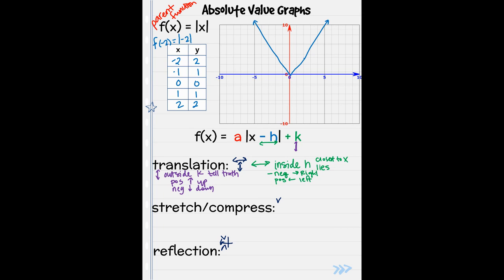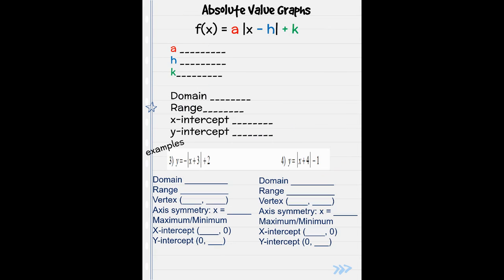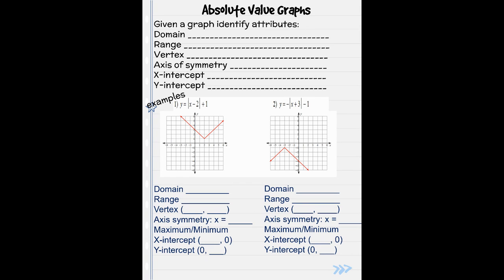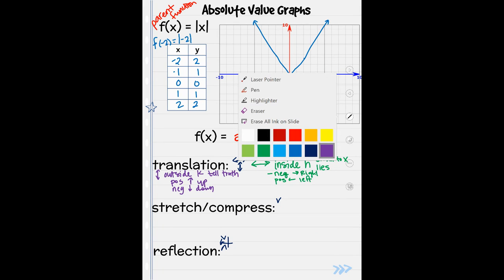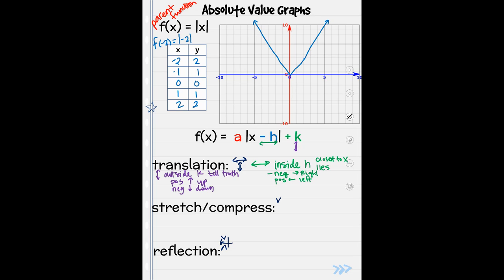Our stretch and compress: you're looking at the A on the outside, the number that's being multiplied by your absolute value.